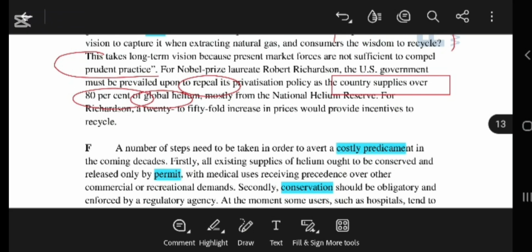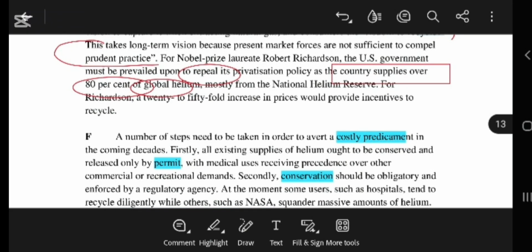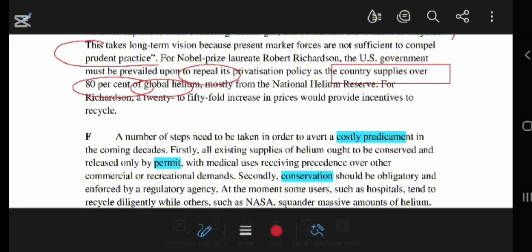Incentives to recycle. I've seen something that points to liberty that I predicted. Incentives. For Richardson, a 20 to 50-fold increase in prices, that points to higher cost, would provide incentive to recycle.